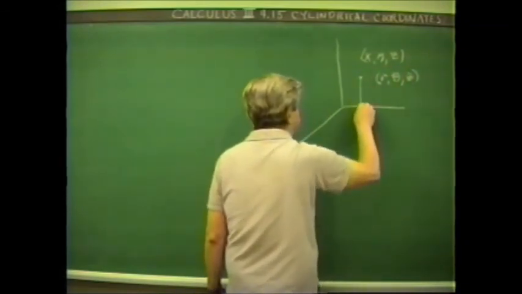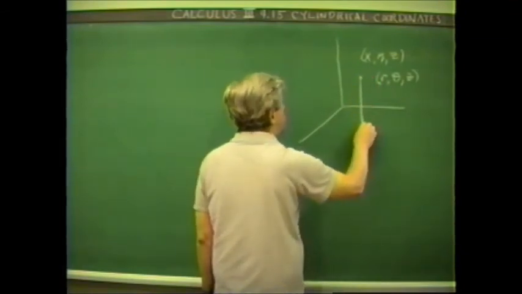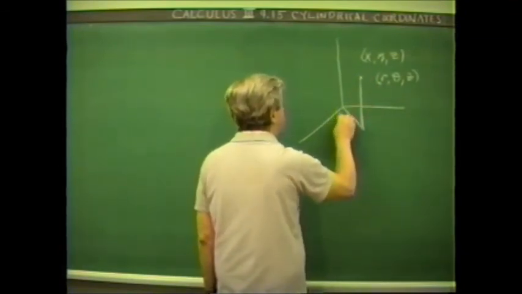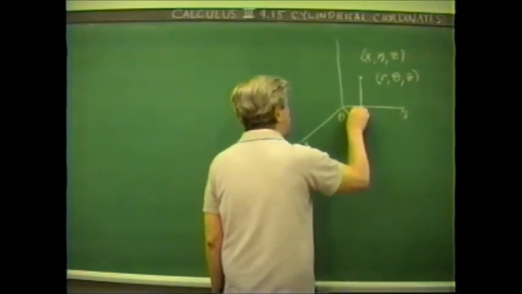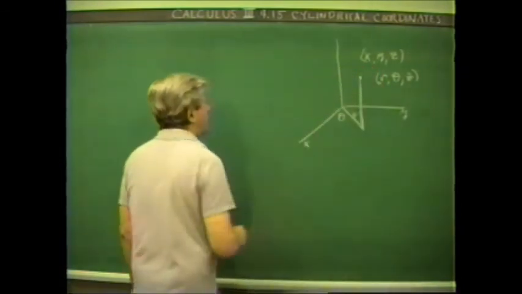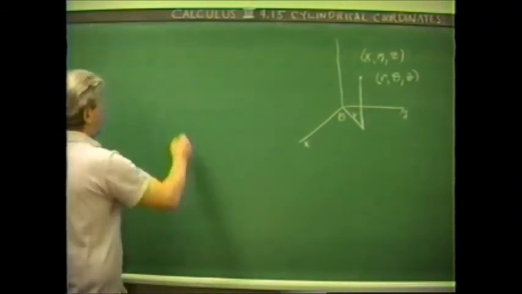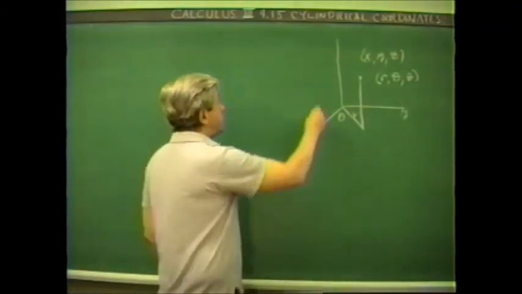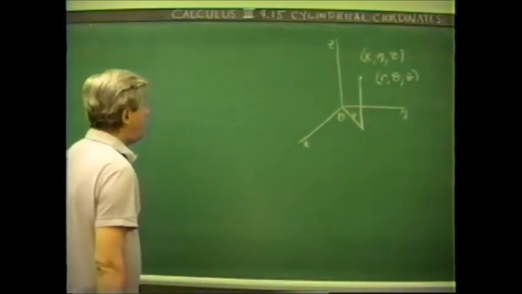So if this is the z distance here, we want this to be the angle theta between the x and y axis, and this to be the distance r. This simply consists of putting polar coordinates on the x, y plane.